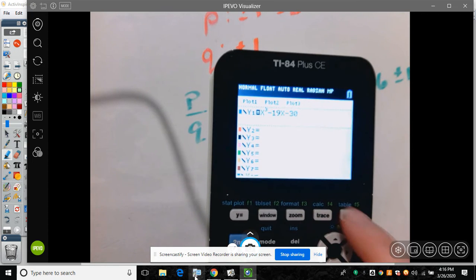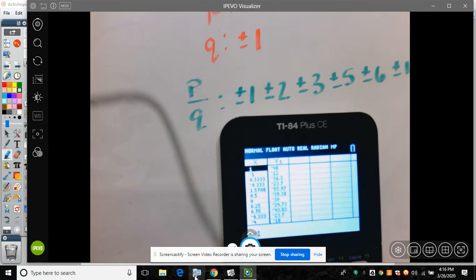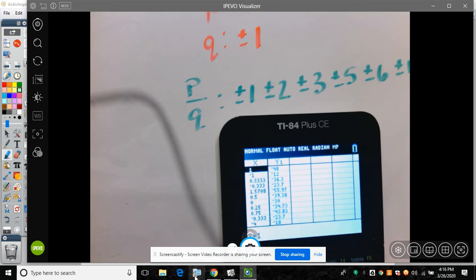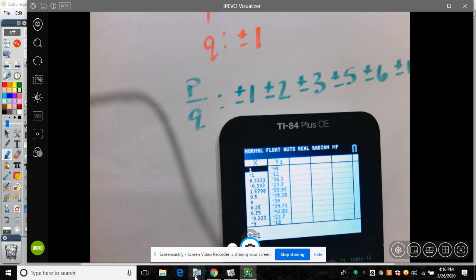Okay, so we're going to go second graph to go into our table. We are going to test each of these values to see which one gives us 0 as our y value. That's what makes it a zero. And you've got to remember to test positive and negatives. So I've got 1 and negative 1, 2 and negative 2. Right there, negative 2 gives us a 0.